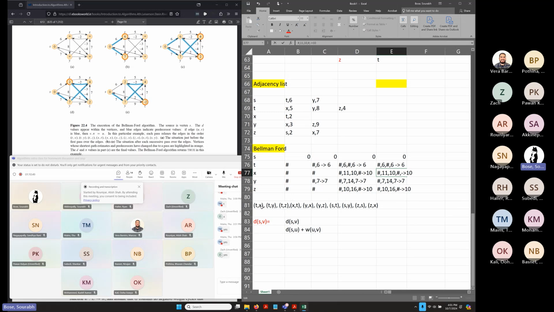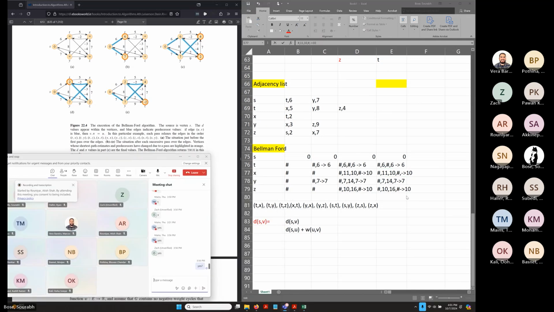TX, what is it offering? S to T plus TX. Eleven. Exactly. Very good. So it is going to offer 11. S to T in the previous iteration, we saw, is 6, plus TX is 5. So it is offering 11.